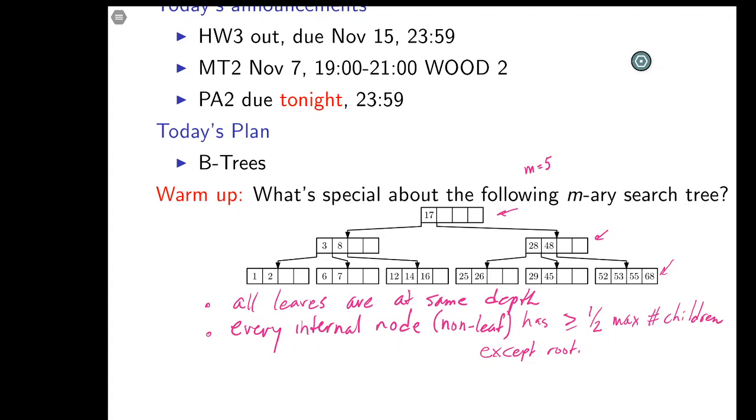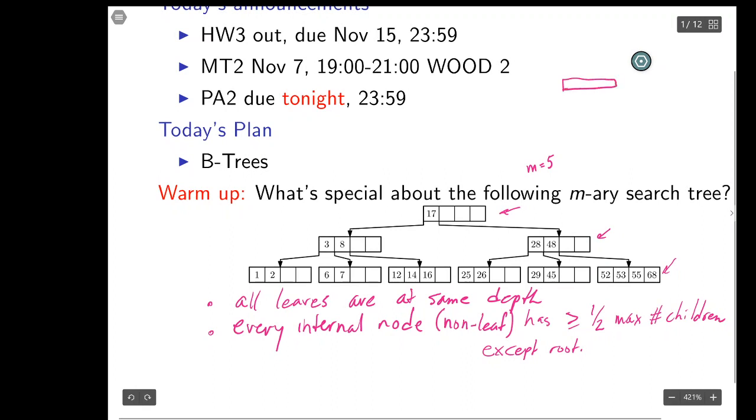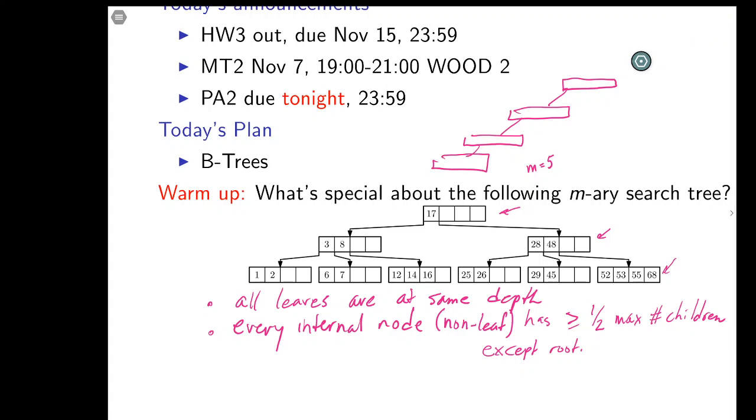Could we have an M-ary search tree that looks like this? Is that a possible M-ary search tree that satisfies these properties? All the leaves are at the same depth, that's for sure.